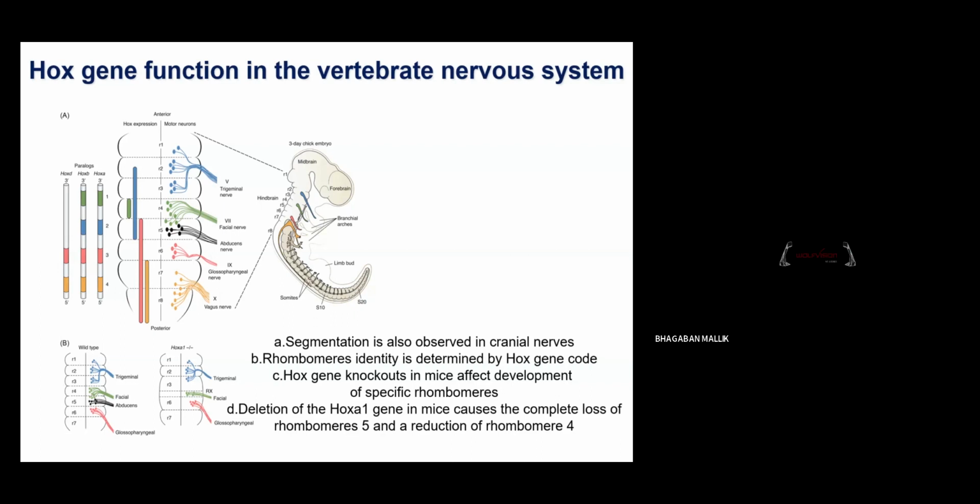So you have 8 different segments in the rhombencephalon, starting from R1 to R8, and these are called rhombomeres. Rhombomere 1, rhombomere 2, 3, 4, up to 8. And each distinct set of genes is required for each rhombomere development. So these are represented here. And again, you don't have to remember all the genes for the rhombomere development.